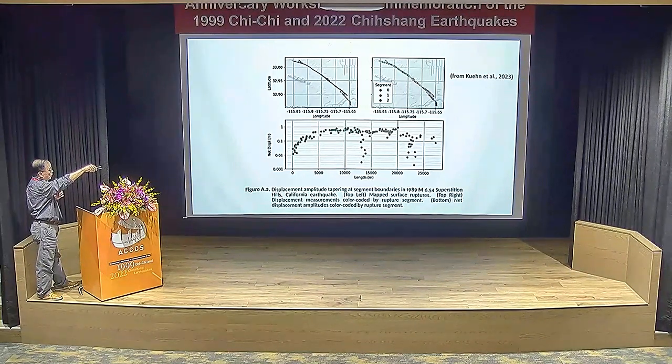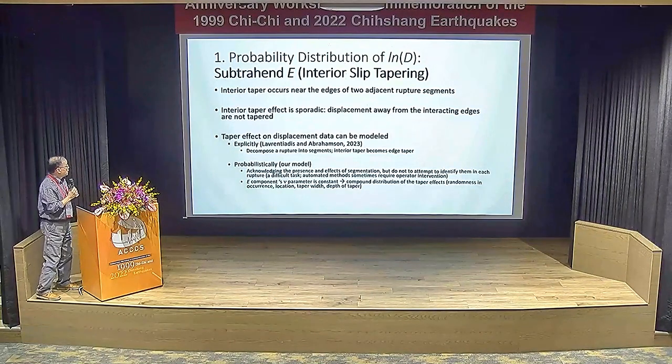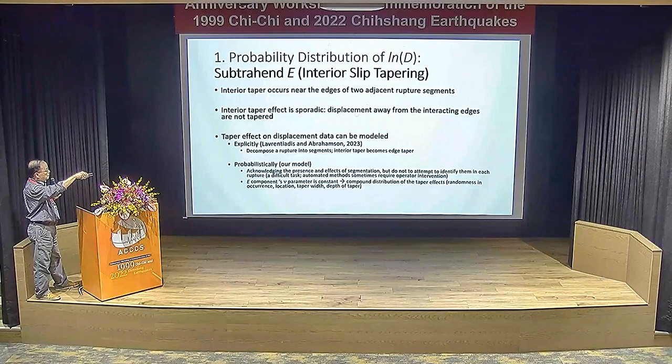The same thing can be said about between segment 0 and segment 1. Okay, so there are widespread interior tapering effects, but the effect is sporadic. Displacement away from the interacting edge is not tapered.